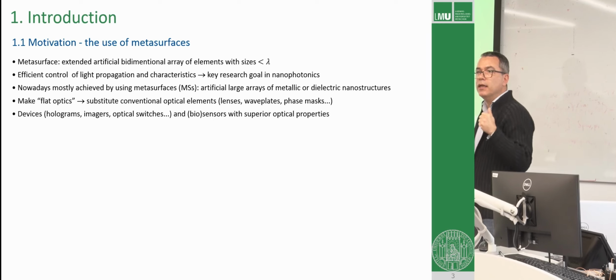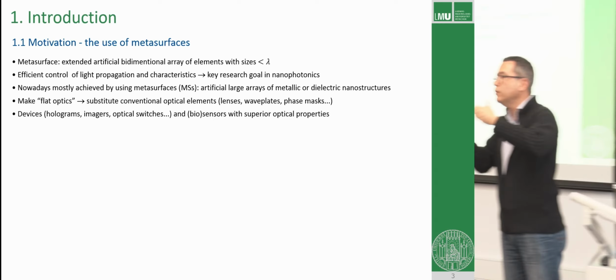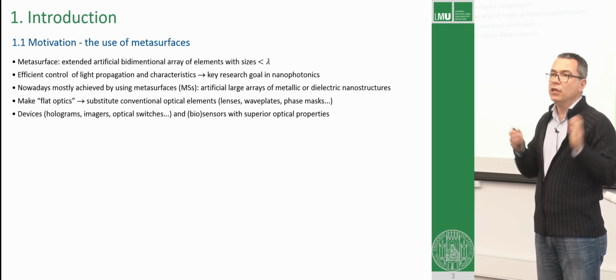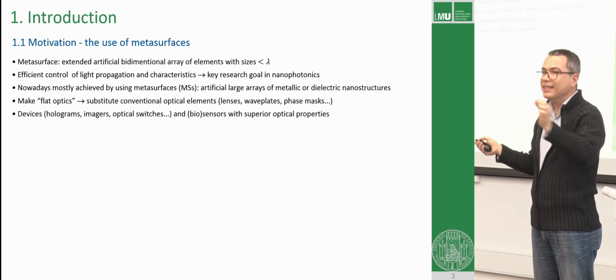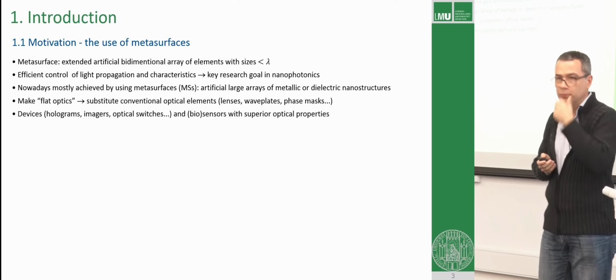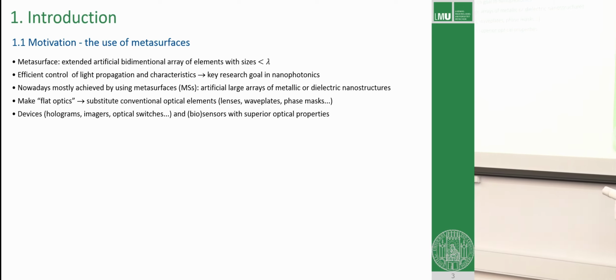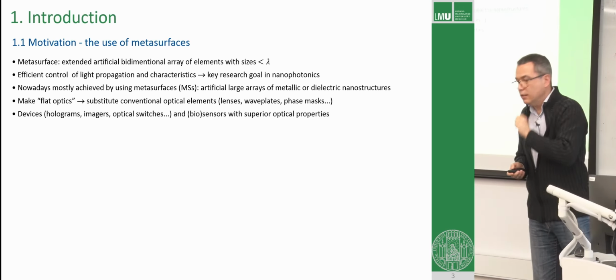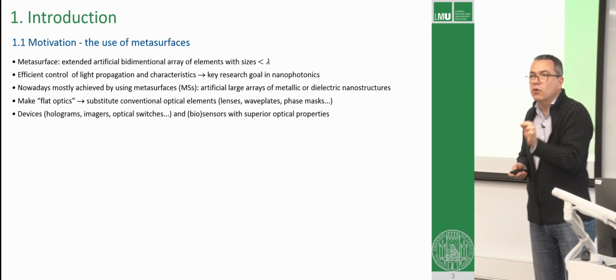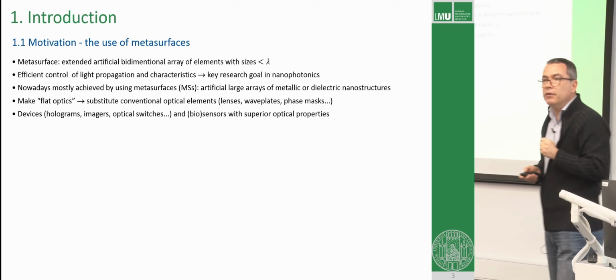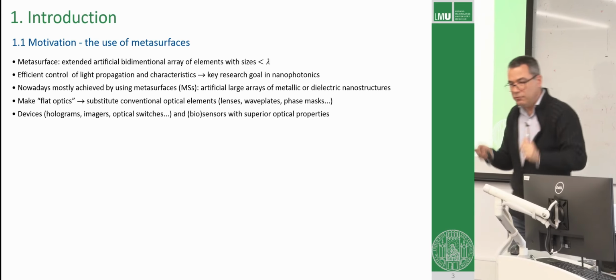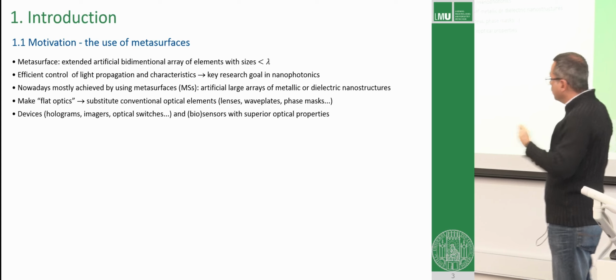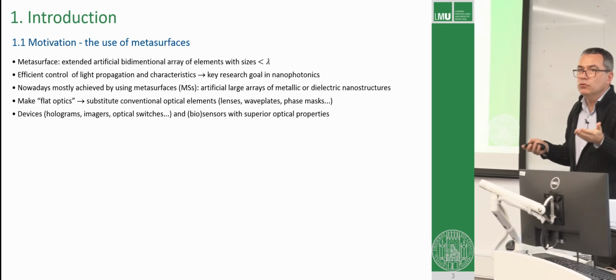If you can imagine which kind of lenses you have in your mobile phones, which allow you to have a very nice field of view and so on, it's a tiny, tiny, tiny element, right? In my mobile phone, I have a lens for making very strong zooms, and these are tiny lenses that must have a very short focus, and it's not possible to use bulky lenses in such a device.